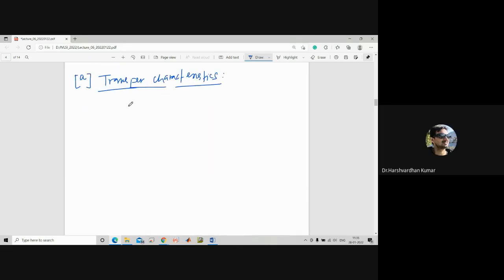If you remember the device structure here, p-type semiconductor, this is n plus, this is the gate, here will be source, and here this will be drain.